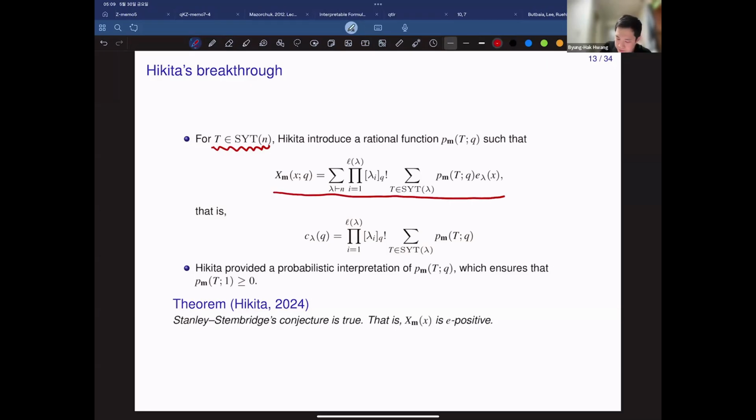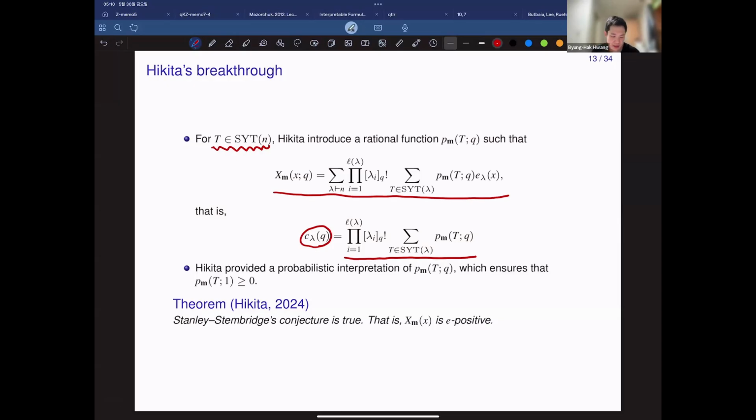this formula, which means the coefficient of e lambda, which we denote by c lambda of q, is given by this form. And then Hikita provided a probabilistic interpretation of these rational functions.